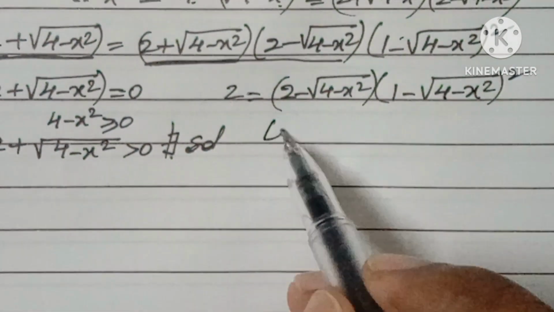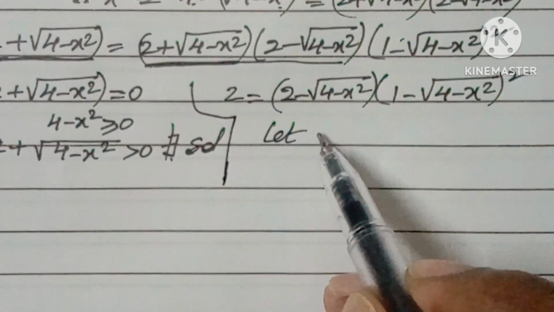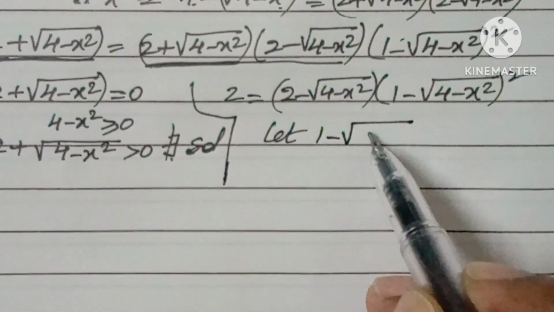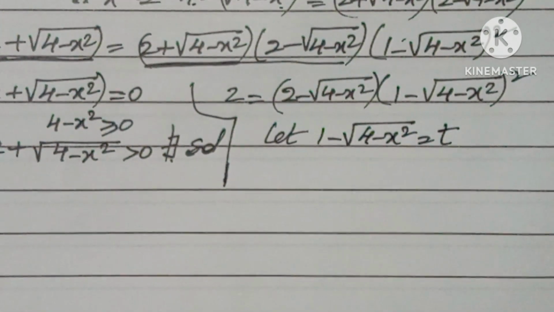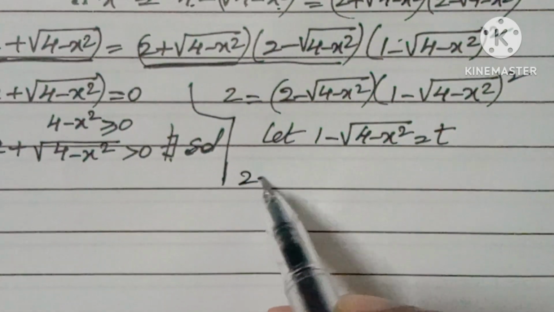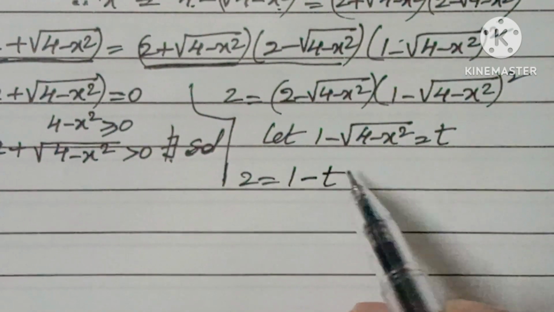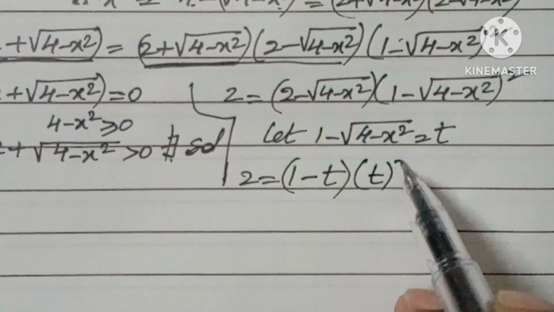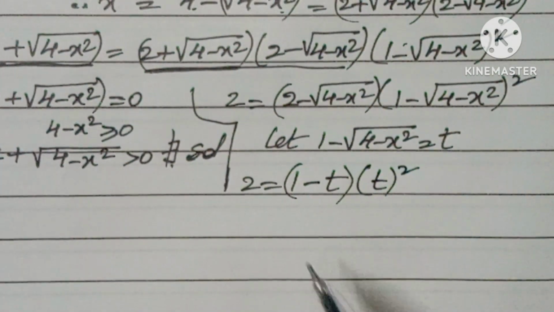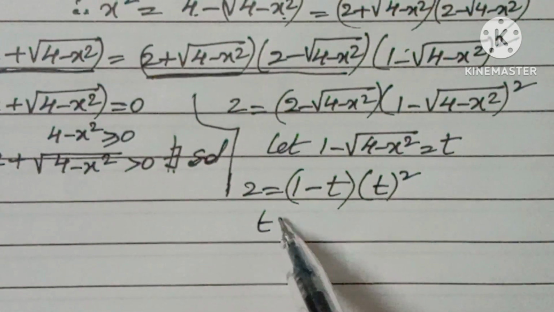So here the first one has no solution. Let us take 1 minus root of 4 minus x square equal to t. So the equation will become 2 is equal to (1 minus t) into t square.